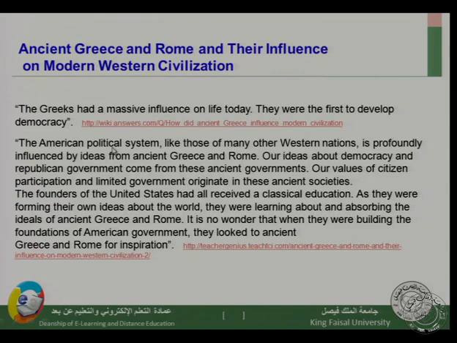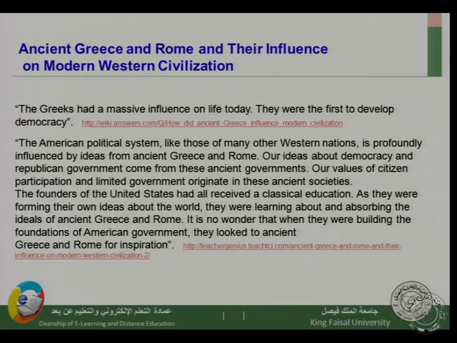The American political system, like those of many other Western nations, is profoundly, greatly, massively influenced by ideas from ancient Greece and Rome.